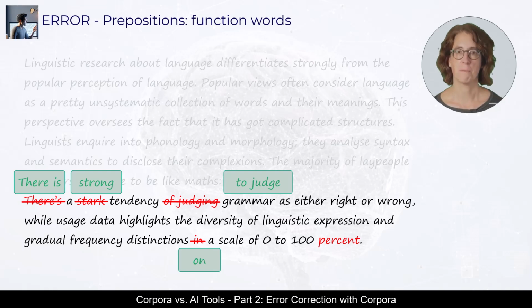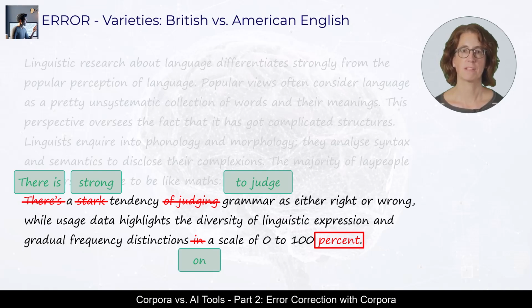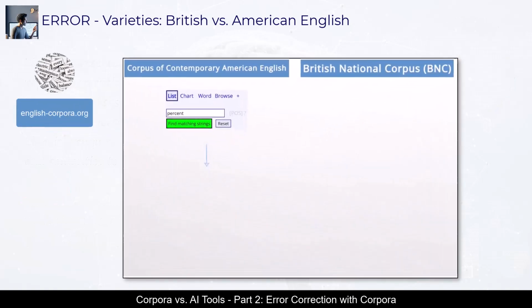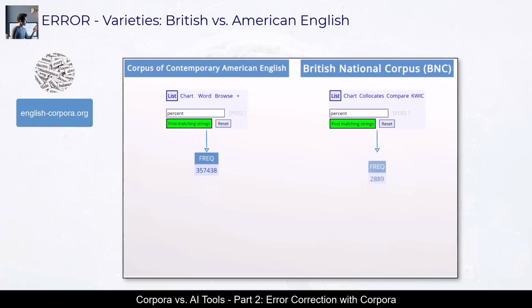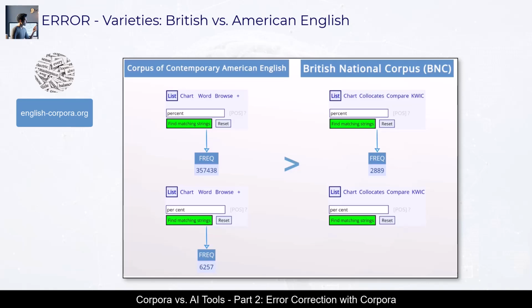The final error is probably the most difficult one to catch. There are two ways of writing the word percent, either as one or as two words. The choice is not arbitrary. Conducting searches for both versions in two different corpora, one in the COCA, the Corpus of Contemporary American English, and one in the BNC, the British National Corpus, immediately reveals that writing percent as one word is clearly preferred in American English, while writing percent as two words is preferred in British English.